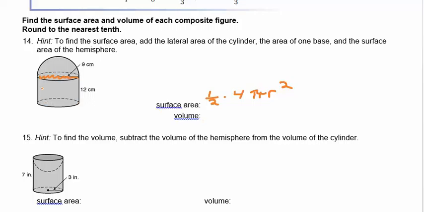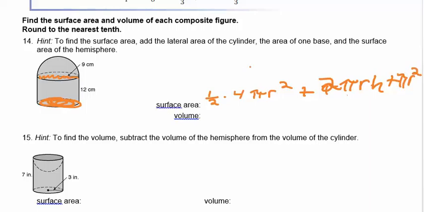And then for the surface area of the cylinder, we need the lateral, which is 2 pi r, the circumference, times the height. And we also need one base, just this base down here. The other base won't be included, and that would be pi r squared.